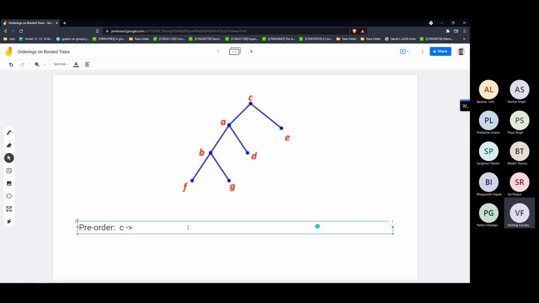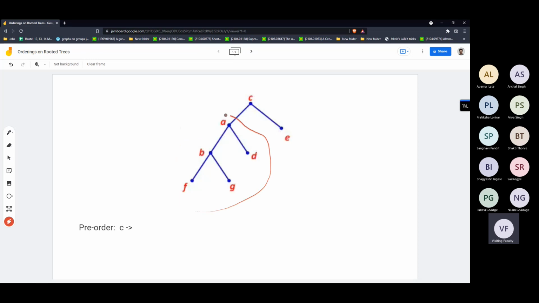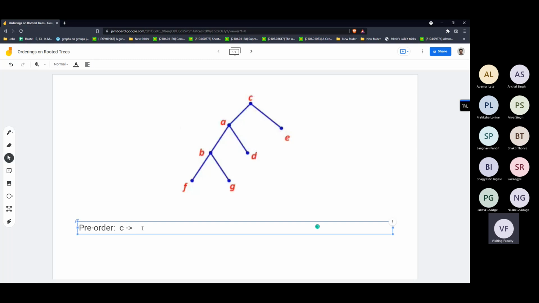The left subtree starts from A onwards, this one. And then the right subtree. So let us complete the left subtree first. If you think of the left subtree as a tree rooted at A, you have to write down the root first, so you have to write down A first.